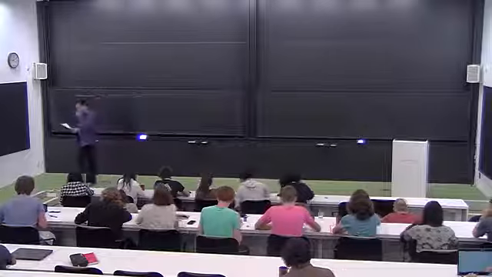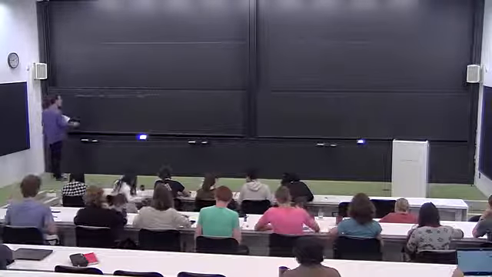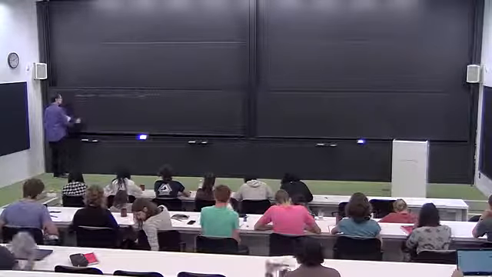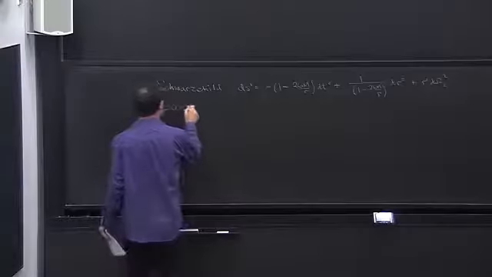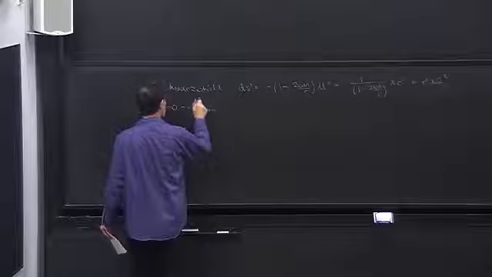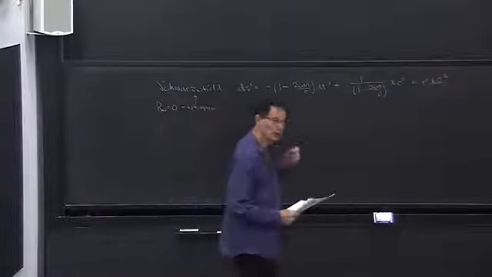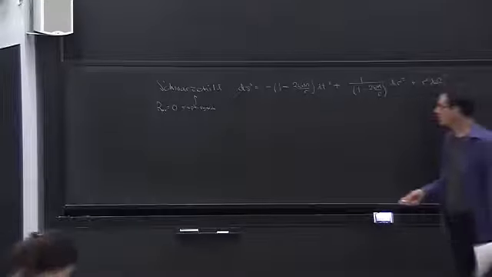So we showed that this is the unique solution of the empty space Einstein equations. And so this time we're going to understand the motion of particles in this metric.